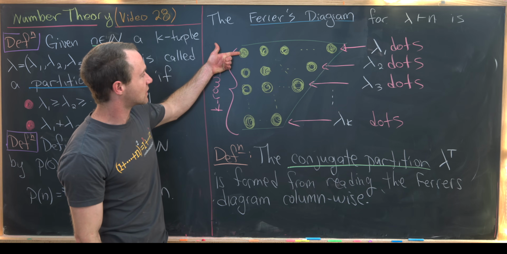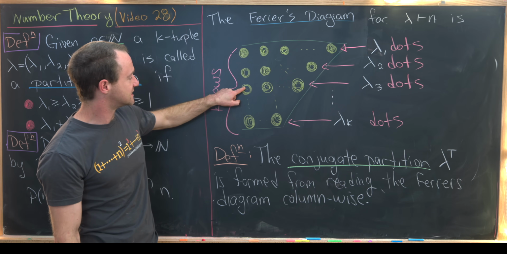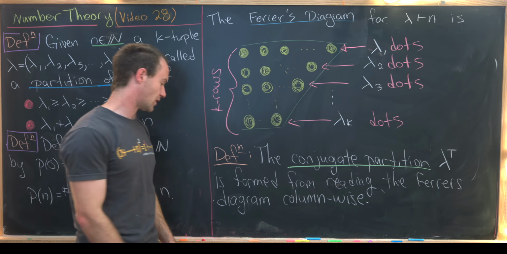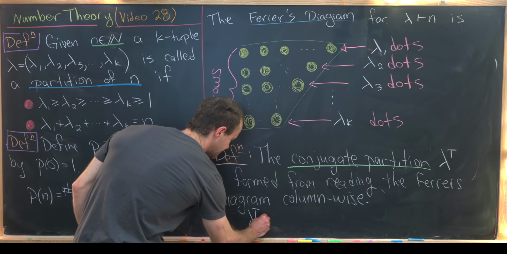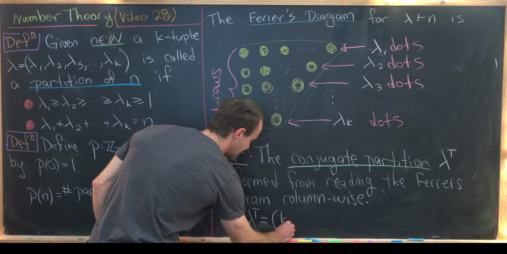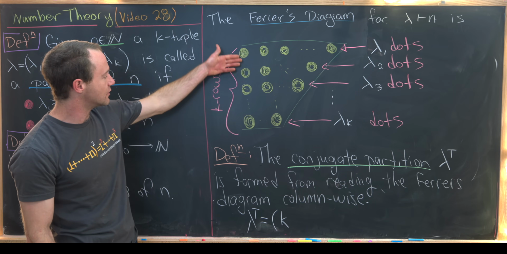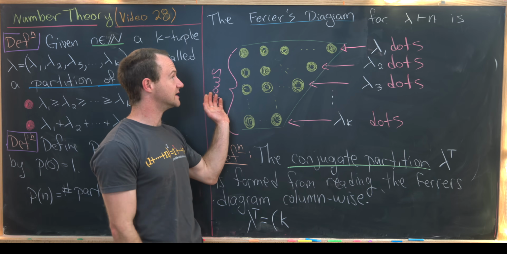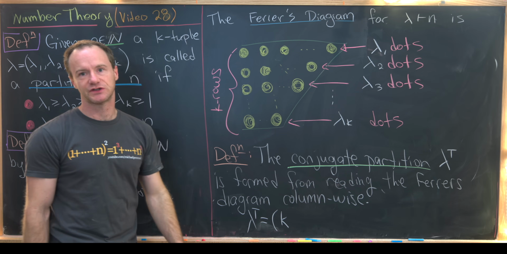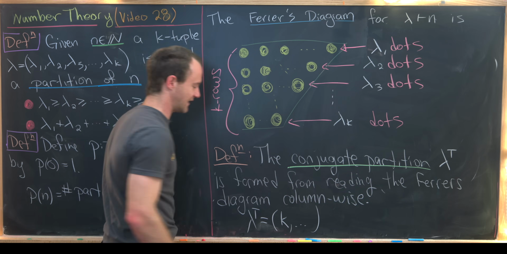So instead of starting with lambda 1, these dots are forming the first part. So lambda transpose in our case will begin with k because we're reading this first column and we know this first column has k entries because there were k parts to our original partition. But then all bets are off after that.